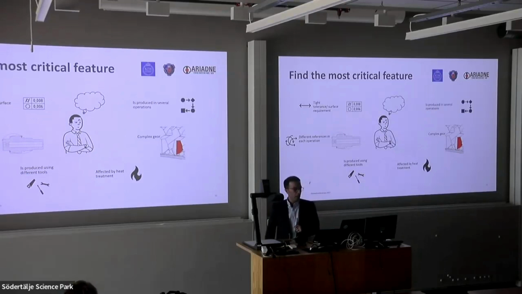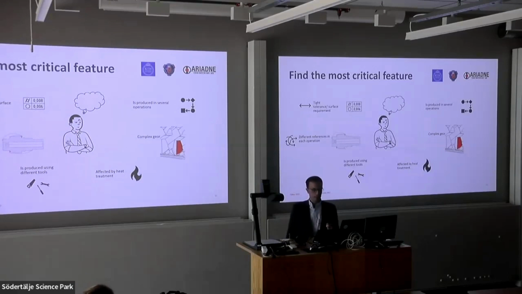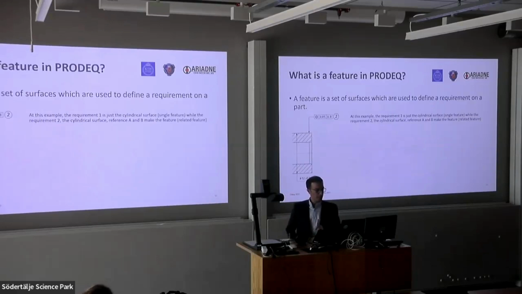And finally, a feature that's produced in several operations. What would be the most important parameters that a process planner should think about when he is facing a new drawing? So let's take a look at a feature.